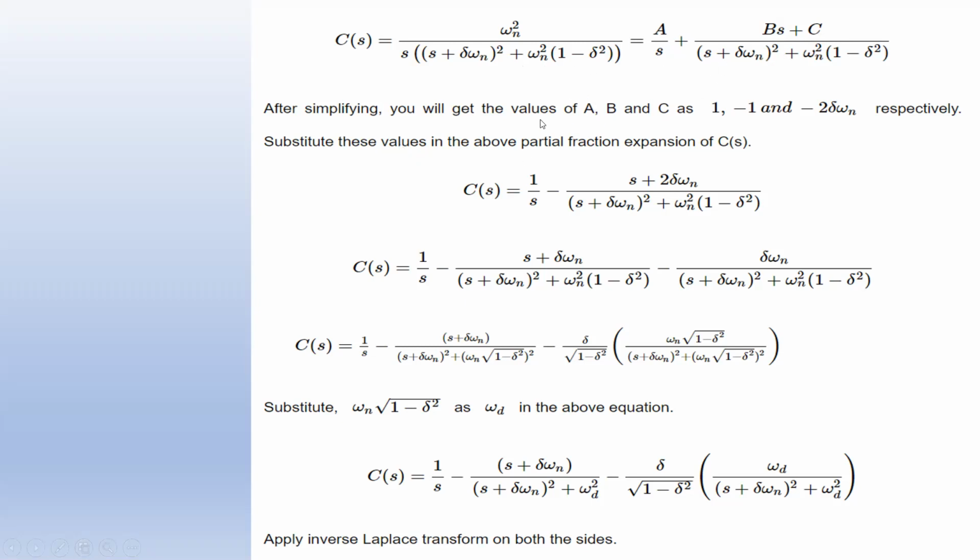If we solve for the values of A, B and C, we get 1, minus 1, minus 2 delta omega n. If we substitute these values into this expression, we have the output equation in the Laplace domain.